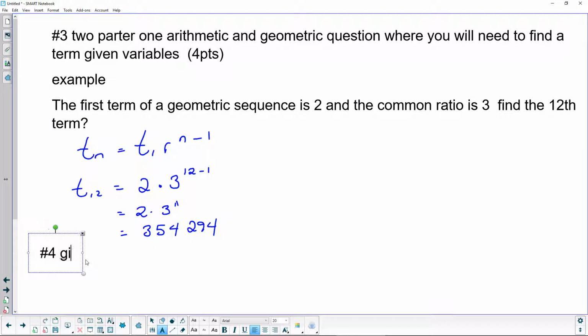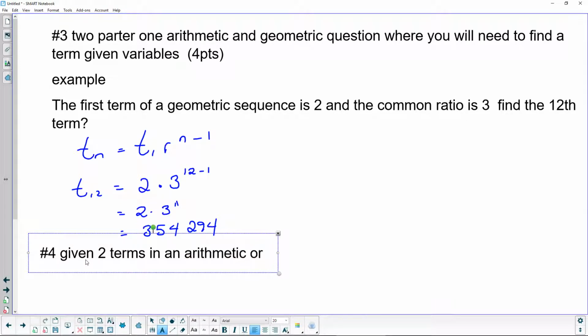So this is given 2 terms in an arithmetic, or could be geometric too, sequence.